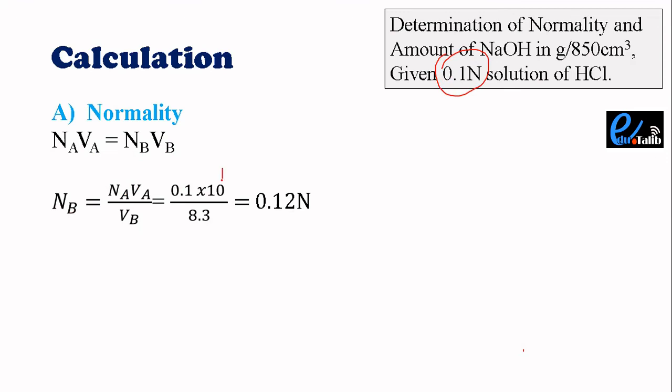This is the 10, the volume of acid, whatever we have taken from the pipette. And this is the 8.3, the volume consumed from the burette, which was our final reading. This comes from the burette.